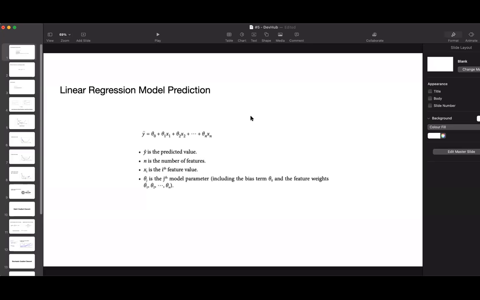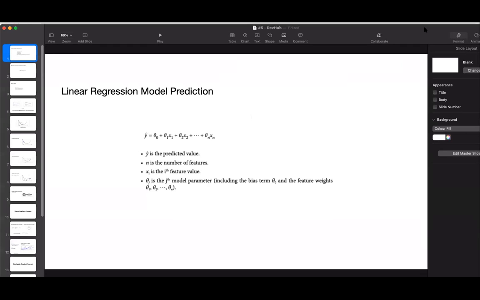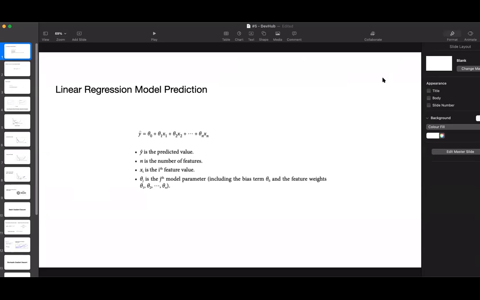Okay, sure. So let me just share my screen, just a second. Is it visible? Hello, visible.